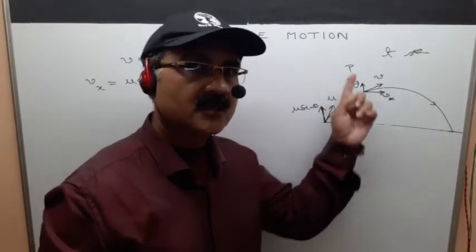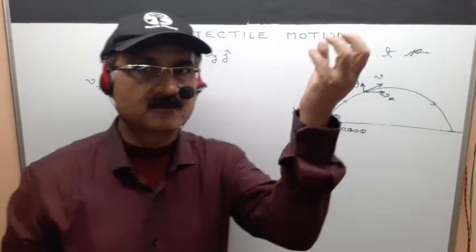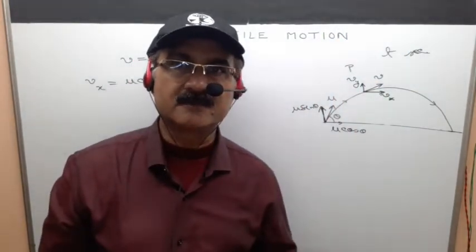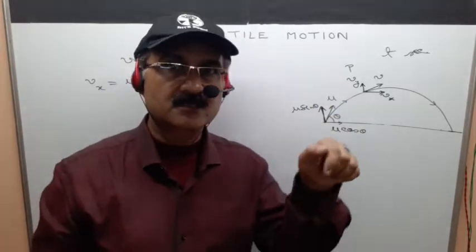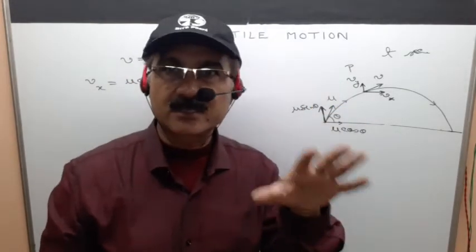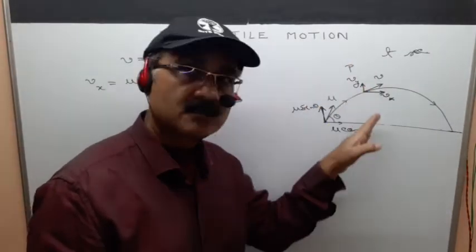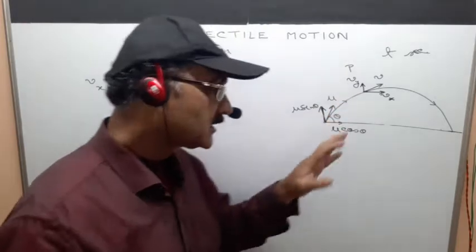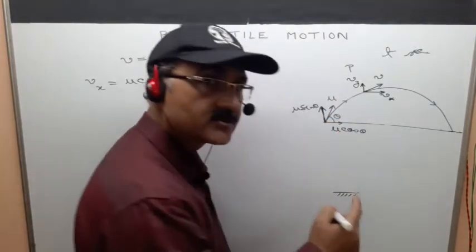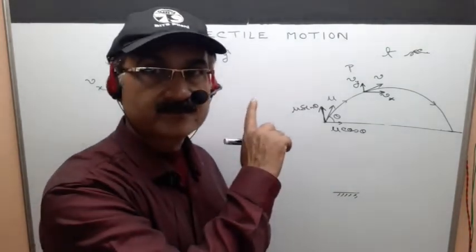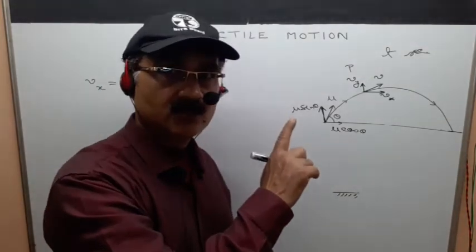In the vertical direction, there is a force on it. Vertically downward, the force of gravity, due to which it will have an acceleration g, acceleration due to gravity. So when we are thinking about the vertical component of the velocity, we can compare it with a situation which you had learned earlier in one-dimensional motion.